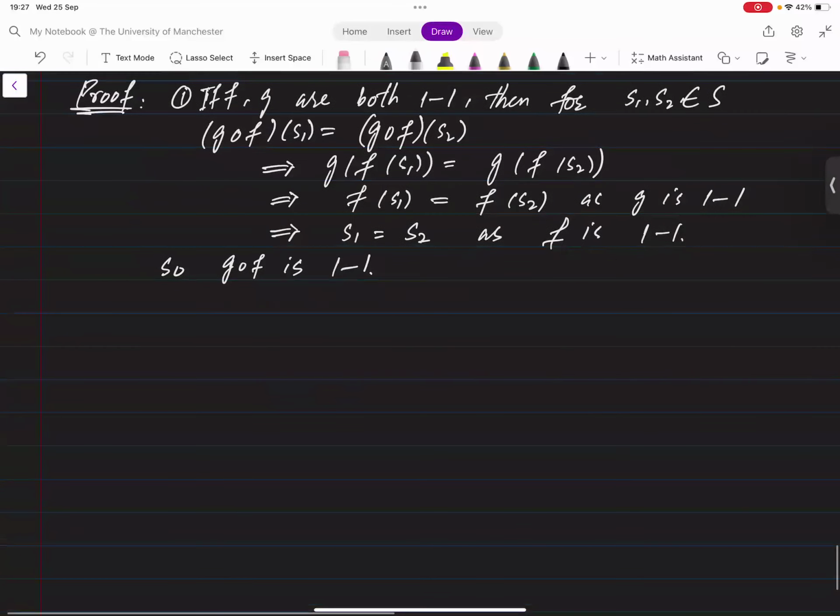For 2, we suppose f and g are both onto.